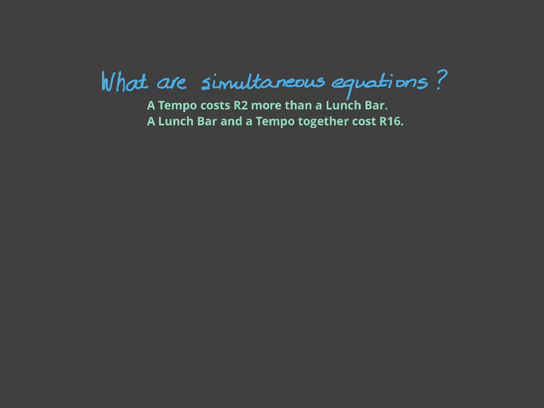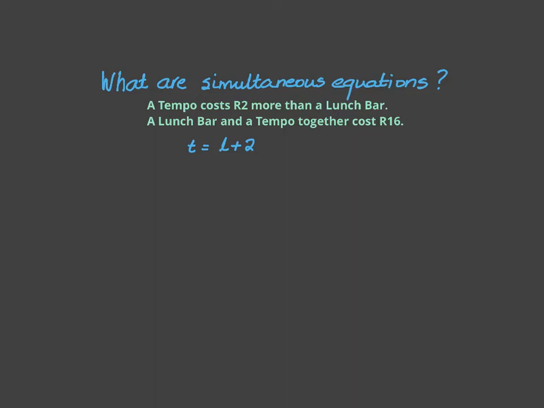So let's take the first sentence. A tempo costs R2 more than a lunch bar. To write that sentence as a mathematical equation, I'm going to say a tempo is a lunch bar plus 2. I'll worry about the Rand later. So there's an equation that expresses that first sentence.